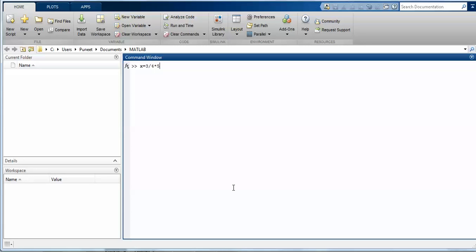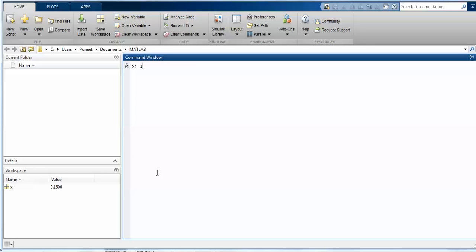This is an important thing to keep in mind: once you write all this syntax without using parentheses, it will read like this: 3 is divided by 4, then multiplied by 5, not the other way. The answer will be the same if I write 3 times 5 divided by 4. But if you use the other way, like 3 divided by the product of 4 and 5, the answer is something else. MATLAB reads from left to right, so keep it in your mind.